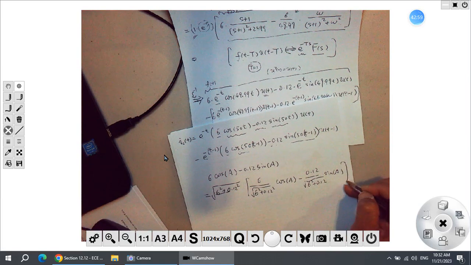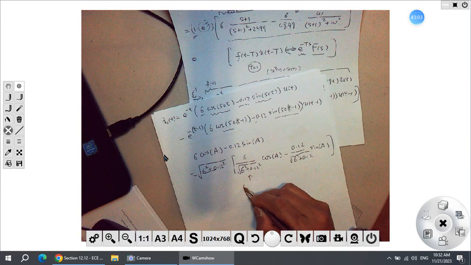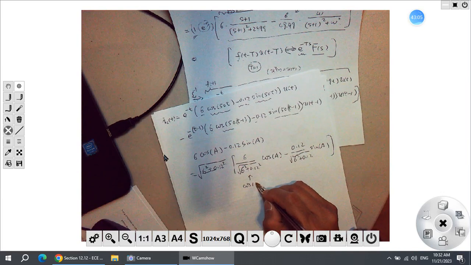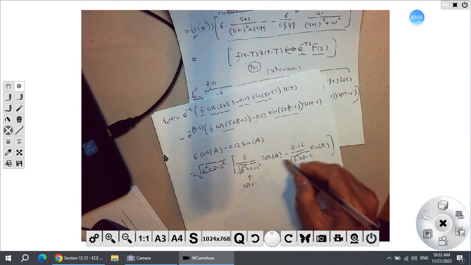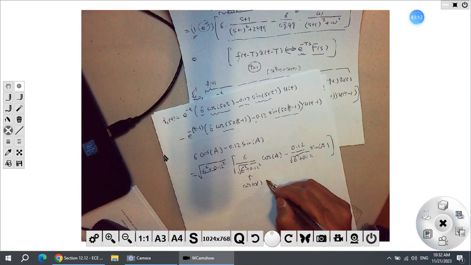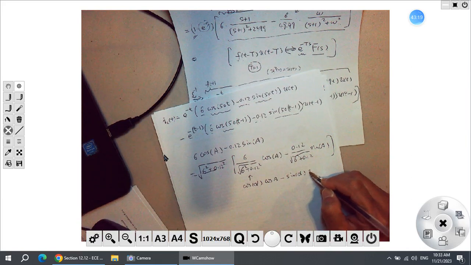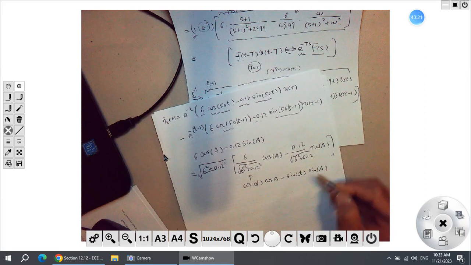You can write this. Then this can be cosine of something and sine of something: cosine alpha cosine a minus sine alpha sine a.